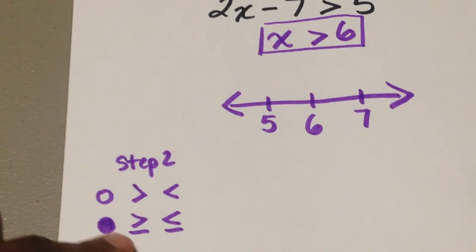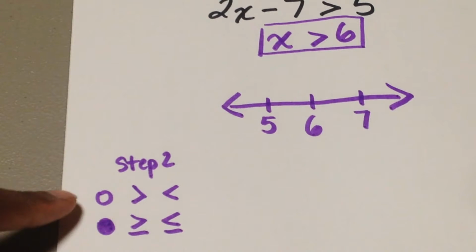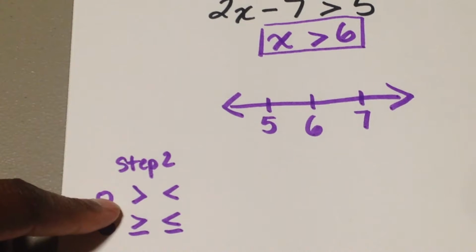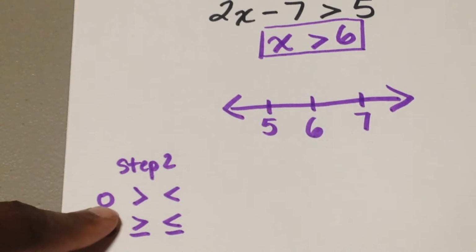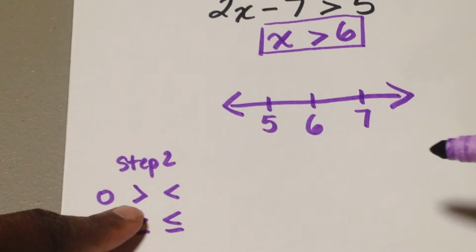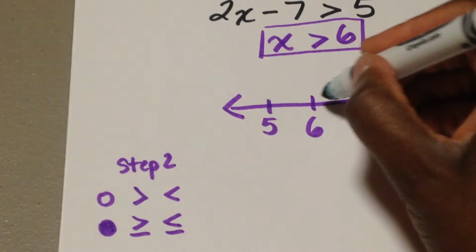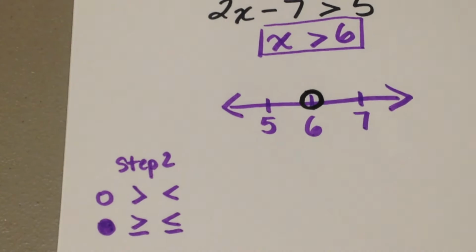Notice when it's equal to something, it's closed. That means you are including that number. But when it's an open circle, that means you're not including that number, just anything that comes afterwards or before. In this case, we're talking about greater than, so it's going to be an open circle. So let me put an open circle on the 6 because I am not including 6 in the solution set. That's step 2.